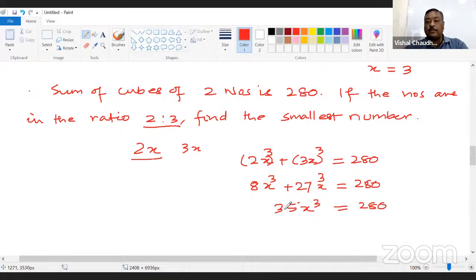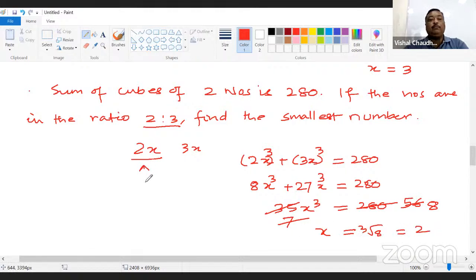Now 35x cube equals 280, let's cancel it out. 5 sevens are 35, 5 eights are 40, and 35 times 8 is 280. So again we get 8. So the value of x will be the cube root of 8, and that is 2.